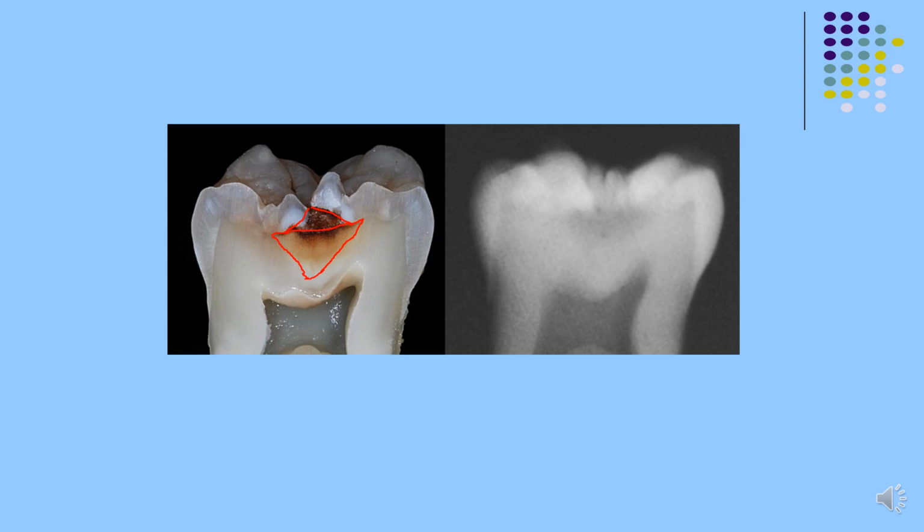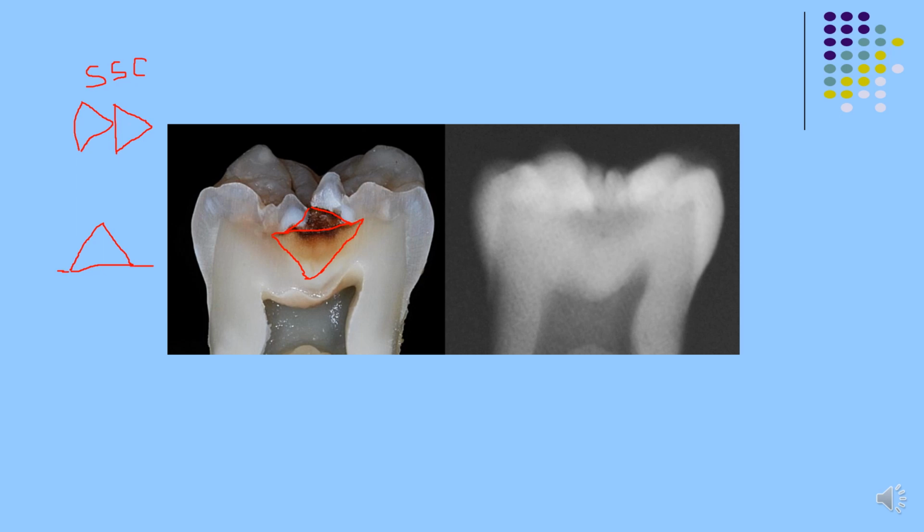As we said, in smooth surface lesions, you basically have the caries cone with its apex towards the DEJ. From the DEJ again it spreads laterally, and then again another cone. So this is smooth surface caries, while the next one which I'm drawing is pit and fissure.